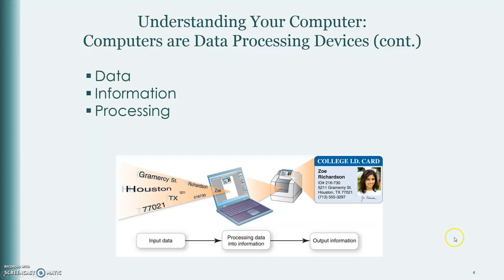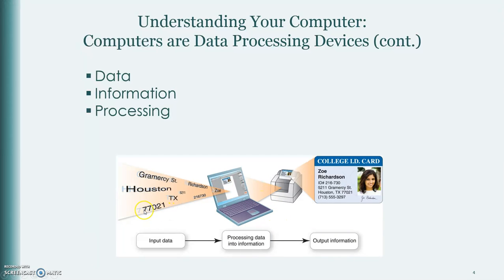So, just to explain this picture to you, Zoe comes in to get a student ID created. All right, so someone inputs this data into the machine. Gramercy Street, Houston, 77021. Okay, so right now it's just data. We're just inputting data. Once we put that data into the proper place, okay, it then becomes processed and turns into information.